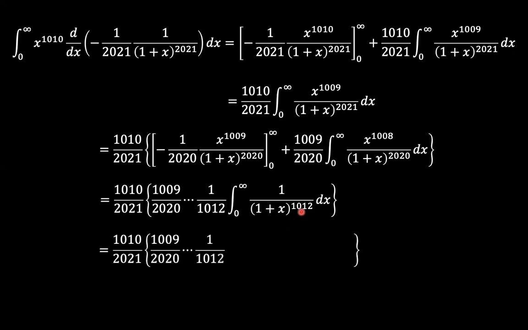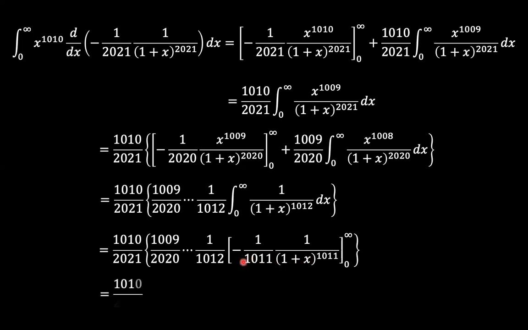And as we see here, this is the same as negative 1 over 1011 times 1 over (1 plus x) to the power 1011. Applying the limits, this at the upper limit would tend to 0. At the lower limit would tend to 1, because when 0 enters here, this becomes 1, 1 to the power 1011 just becomes 1, and because the lower limit is what remains, this negative sign disappears.